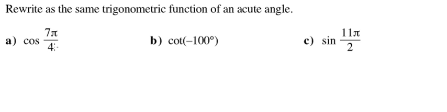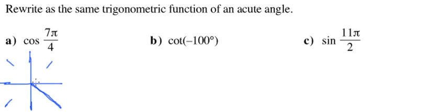So 7 pi by 4, first of all, what is that? 1 pi by 4, 2, 3, 4, 5, 6, 7 pi by 4 is in this quadrant. What's its reference angle? That's 7 pi by 4, and this is 2 pi.